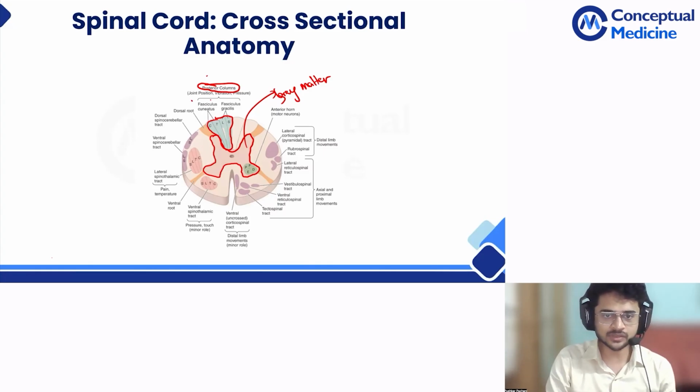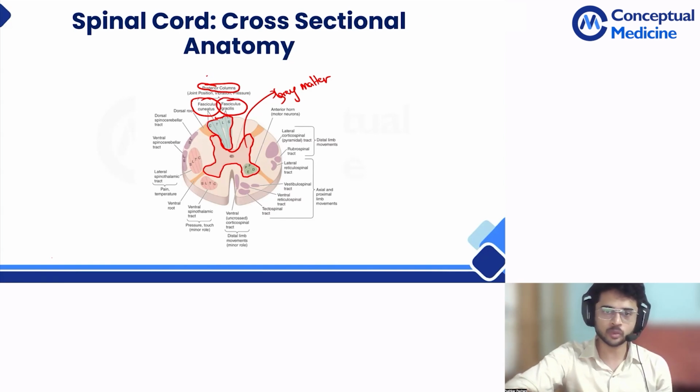One is the fasciculus cuneatus, which is present laterally, and then we have the fasciculus gracilis, which is present somewhat medially. And the lamination of the posterior column fibers is in such a way that the cervical fibers are lateralmost and the sacral fibers are the medialmost. So this is how it is for the posterior column.